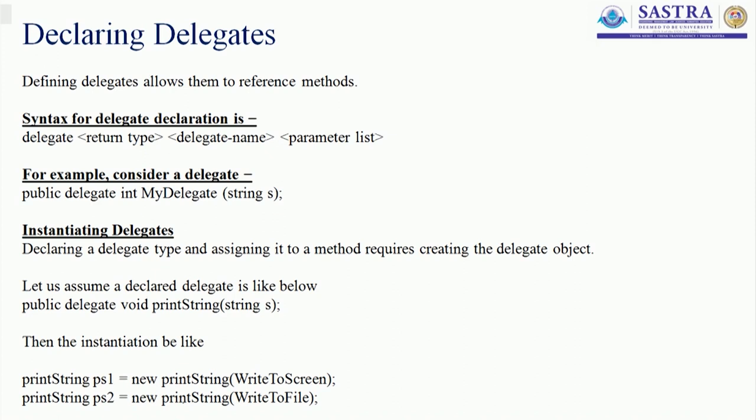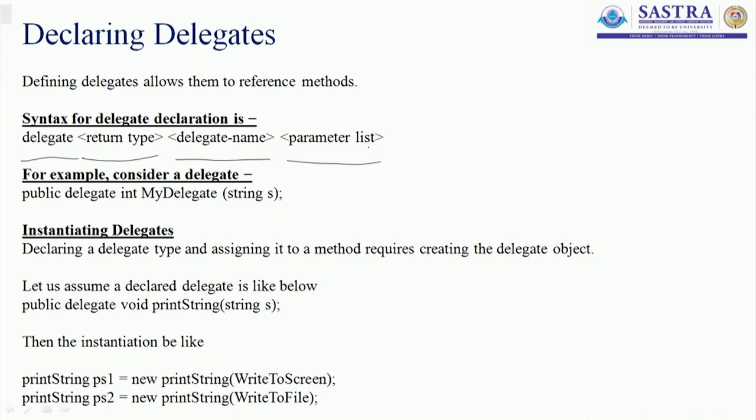You can see the syntax, example, and instantiation, all these things in this slide, right? The syntax says that it should start with the keyword delegate, then you should give the return type, then the delegate name, and then it should end with the parameter list. This is the general syntax for declaring a delegate.